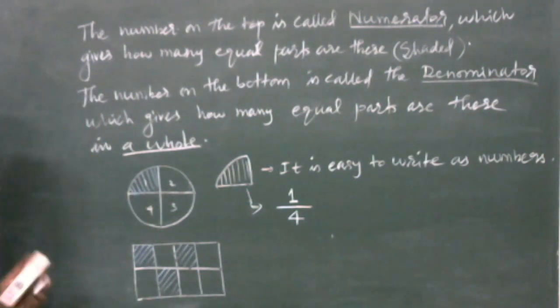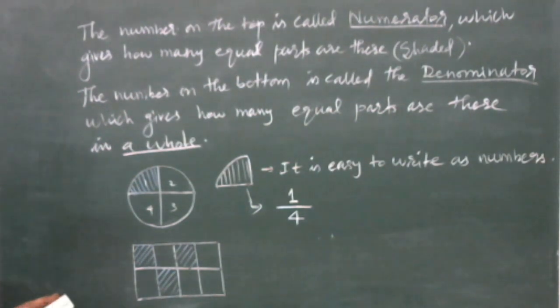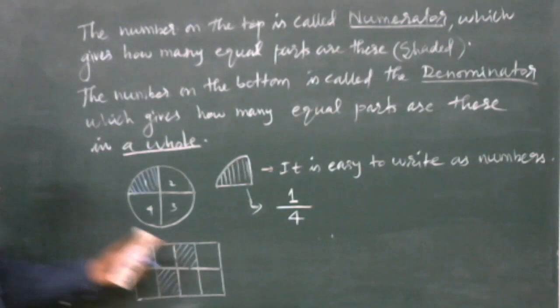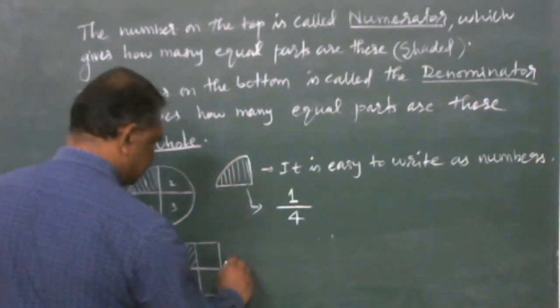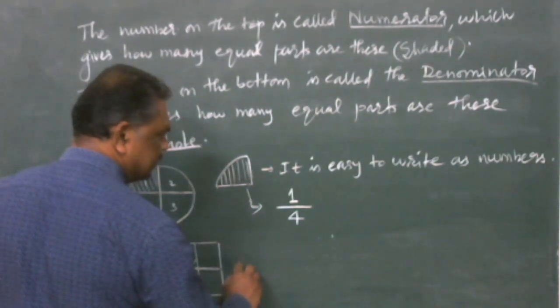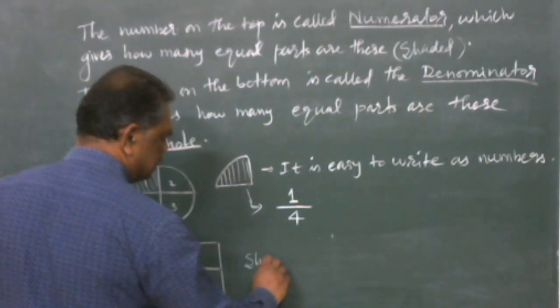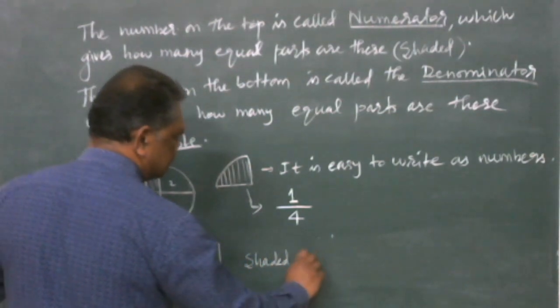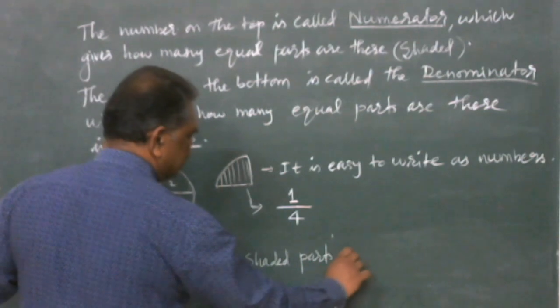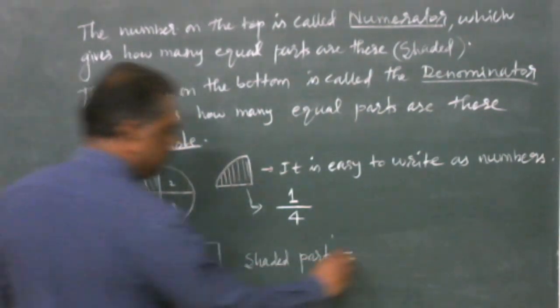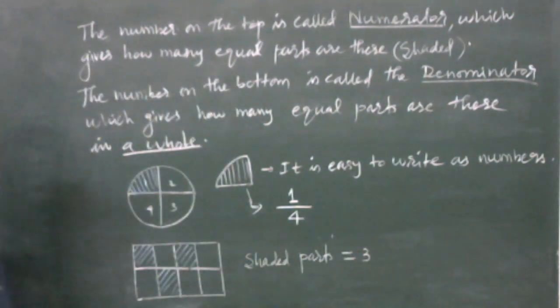How many equal parts are shaded? That is the numerator. The shaded parts: 1, 2, 3. Only 3 equal parts are shaded.